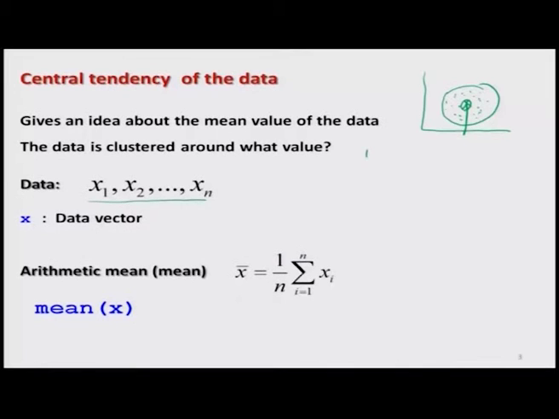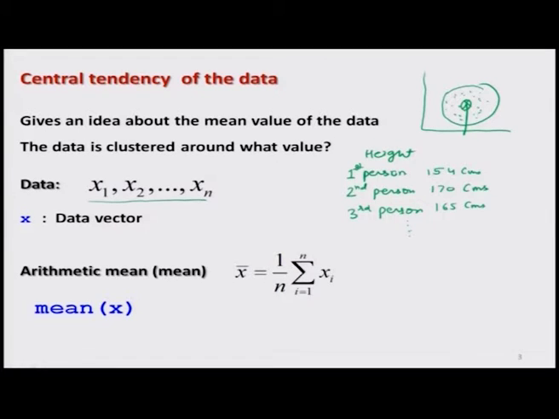Suppose I want to measure the height of some persons, and suppose I measure the height of the first person, and this comes out to be suppose 154 centimeters, and then I measure the height of the second person, which comes out to be 170 centimeters. Similarly, I consider the third person, and this height comes out to be 165 centimeters, and similarly I continue.